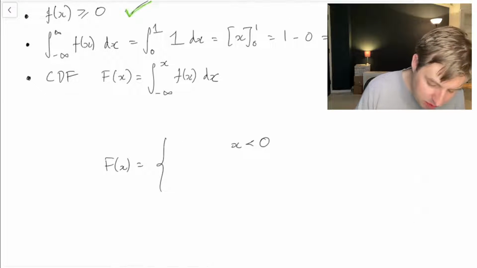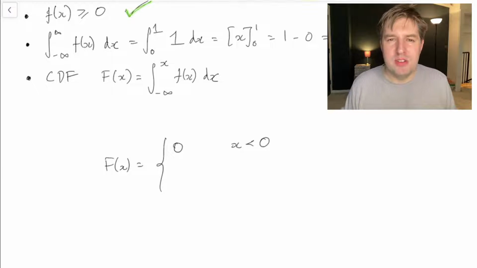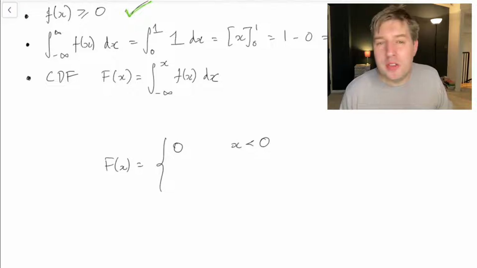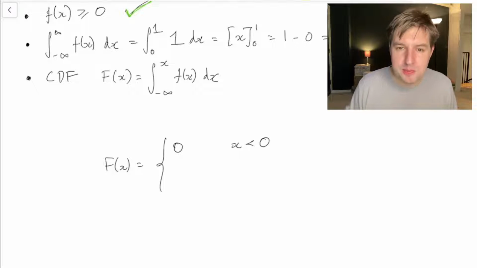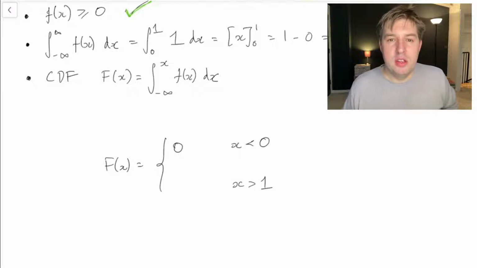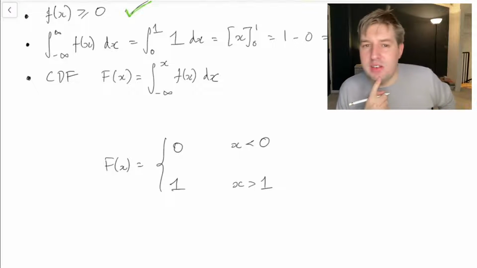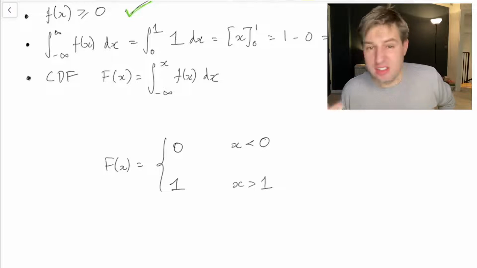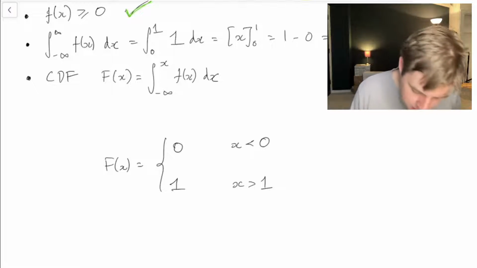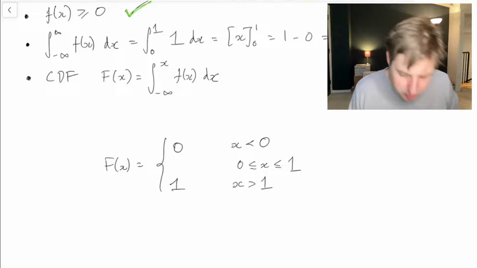So the probability that this random number is less than minus 2 is 0. It's always between 0 and 1, so it can't possibly be less than minus 2. For the same reason, the probability of it being less than or equal to something bigger than 1 is 1. That's certain. It's definitely going to be less than 7, because it's going to be between 0 and 1. So it's just the bit between 0 and 1 that we actually have to worry about.